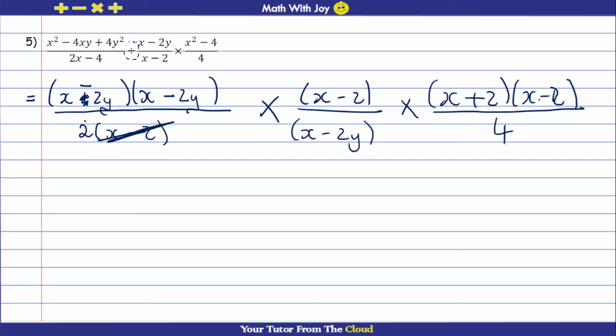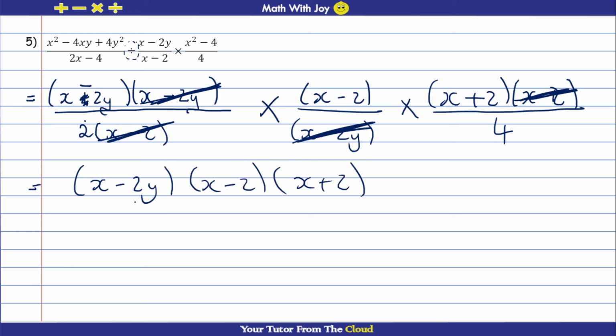This cancels with that. We have this, it cancels with that, and that's pretty much it. We don't have anything else that is canceling. So I'm going to have the bracket x minus 2y, x minus 2, x plus 2 all over 8. That's what you have as your final answer. You can just leave it like this.